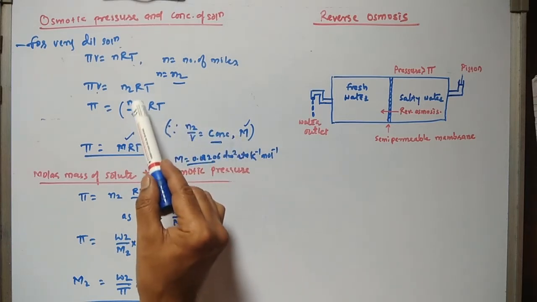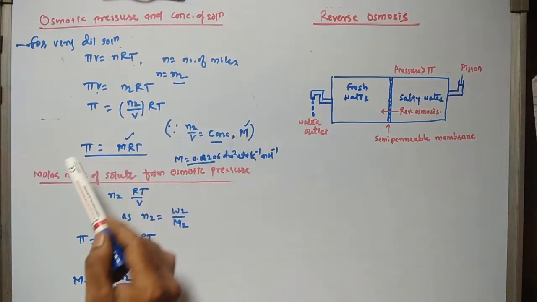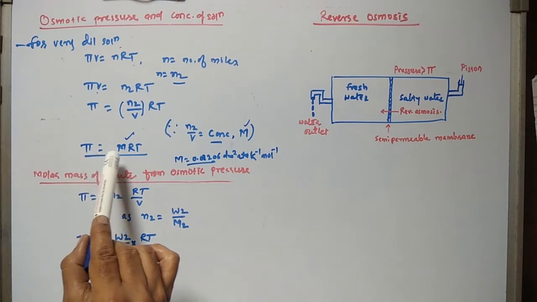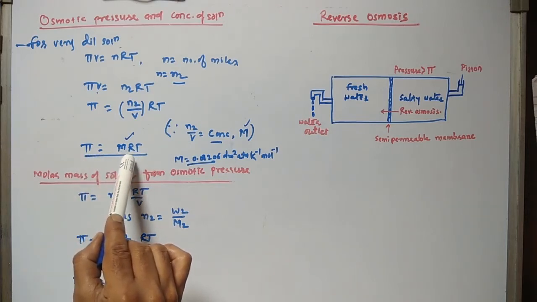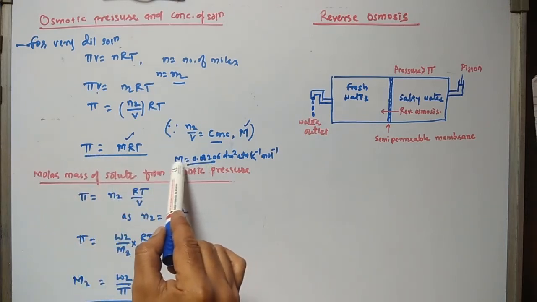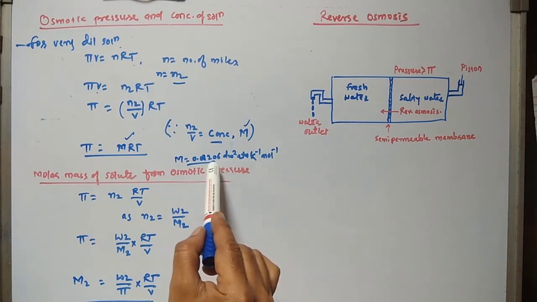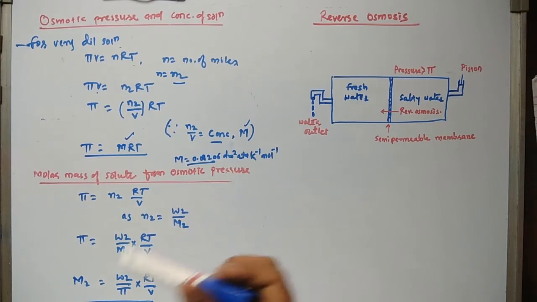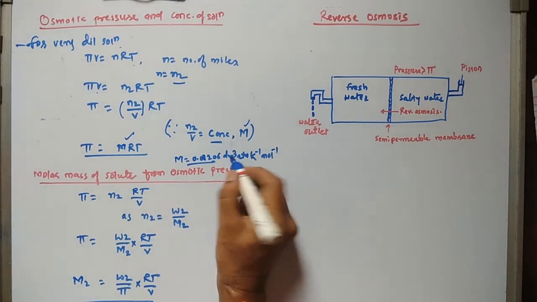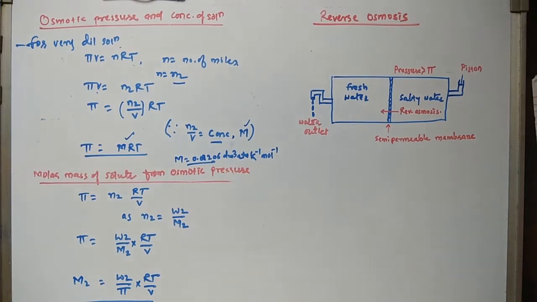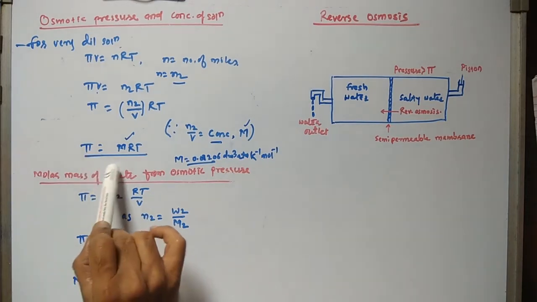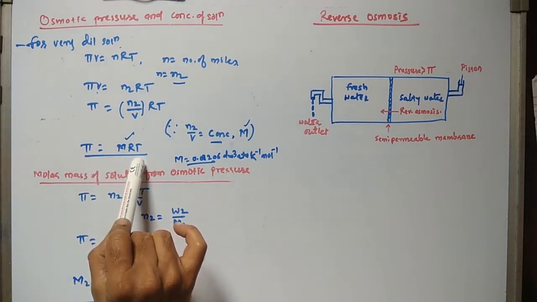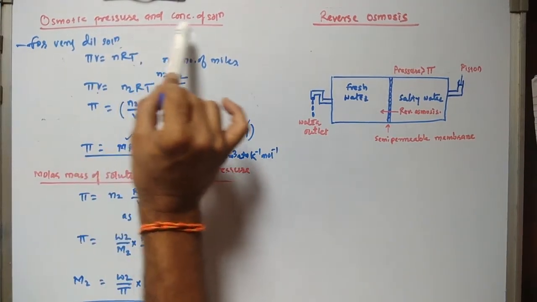Replacing n2 upon V by capital M, the equation becomes pi is equal to MRT, where R is the gas constant, with the value 0.08206 dm cube atmosphere per Kelvin per mole. This equation, pi is equal to MRT, is the relation between osmotic pressure and concentration of solution.